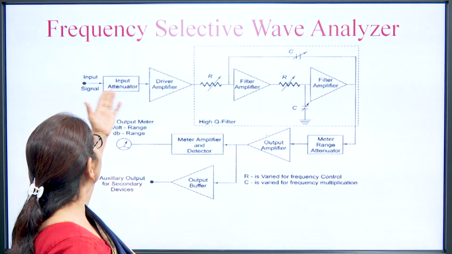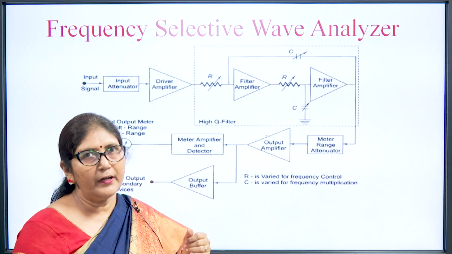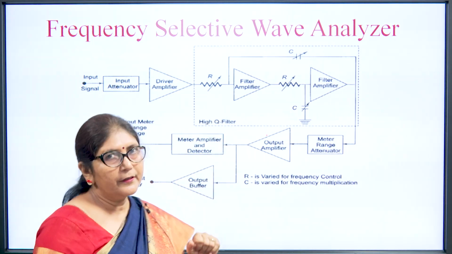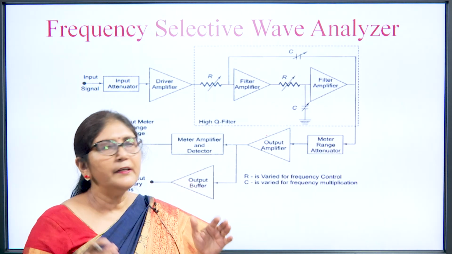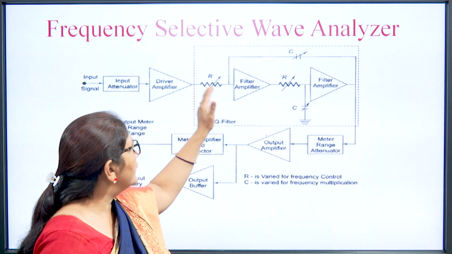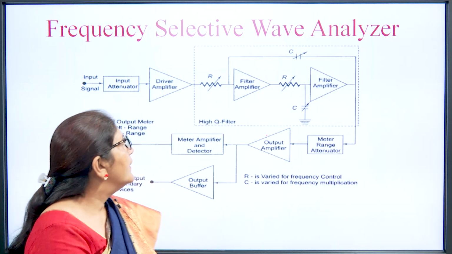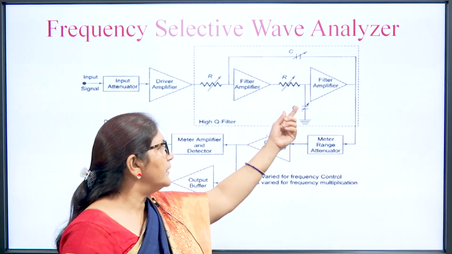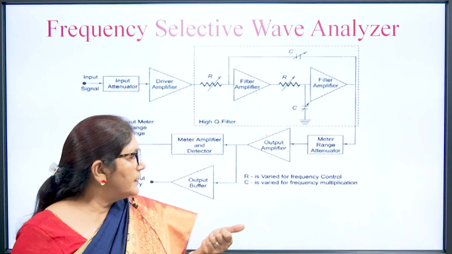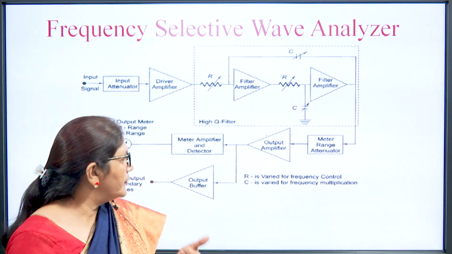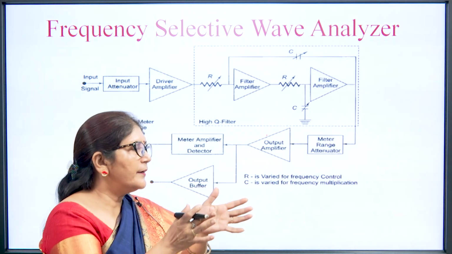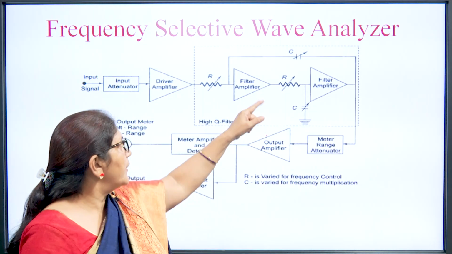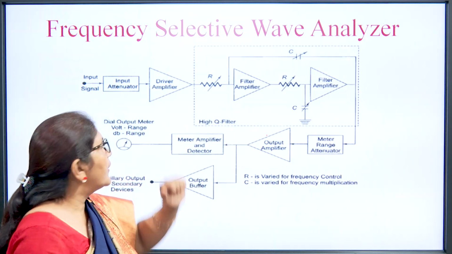The attenuator circuit will attenuate the signal if required, if not required then it is fed to the high Q filter. There is a filter circuit with L and a combination of R and C. By changing C we can change the frequency range by 10 times, and then within that 10 times we can vary the frequency by varying R. There is a driver amplifier.